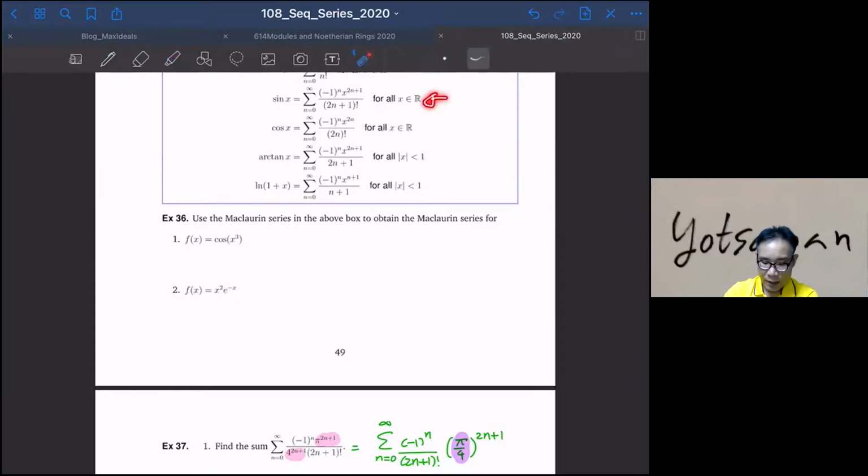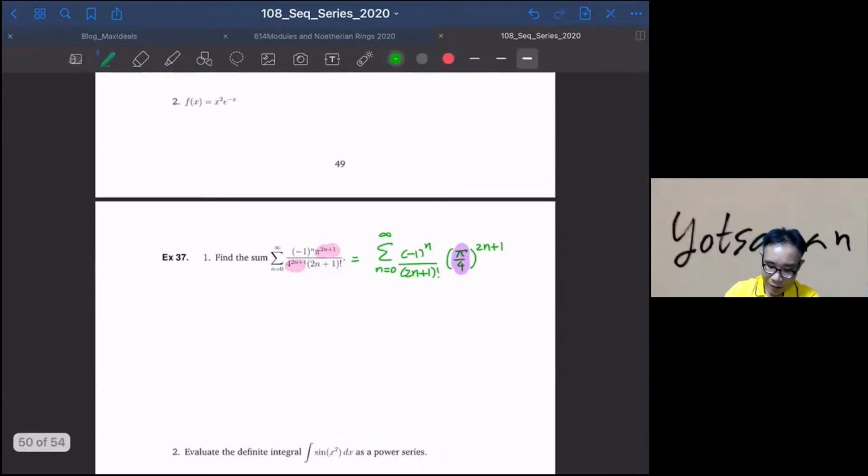You see that it's going to turn out to be basically just sine of pi over 4. So this lesson turned out to be that you need to recognize the term, and it's just this number in order to find this sum.